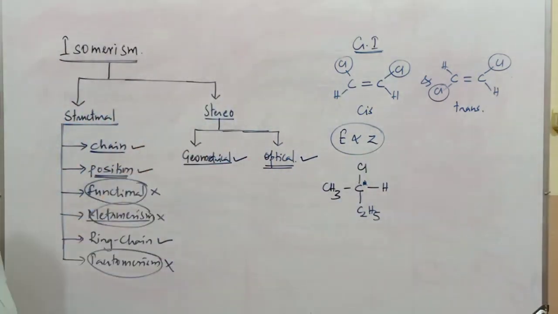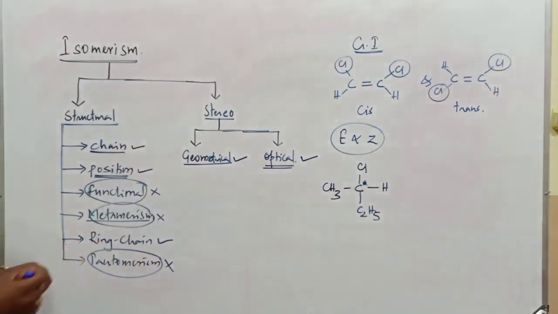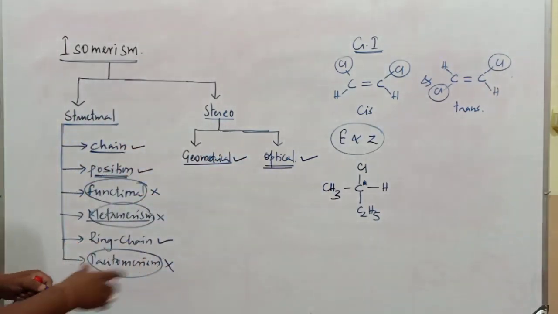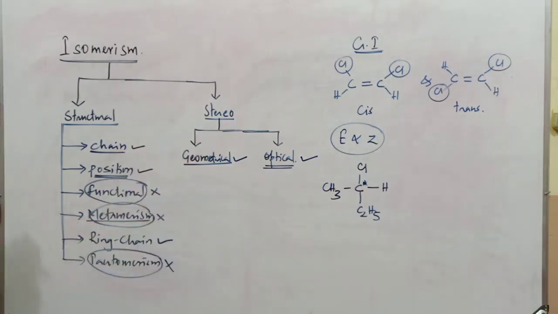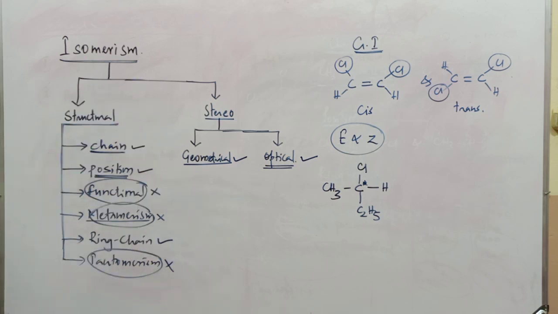Wherever chiral carbon atoms are present, those compounds exhibit optical isomerism, but even then some exceptions exist. We will discuss that in detail in optical isomerism of haloalkanes in the next part. So this is the total isomerism related to halogen derivatives.